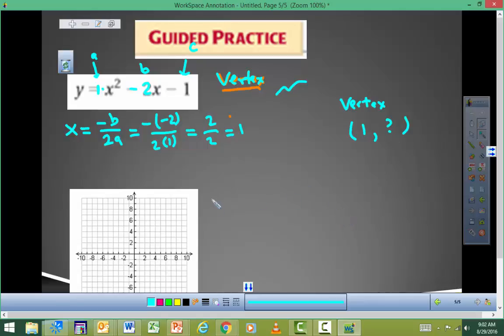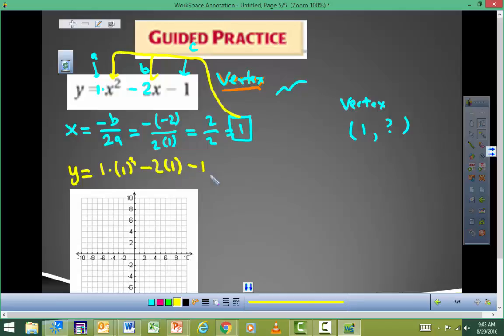How do I find the y-coordinate? Well, I take this one here and I put it right in here, and I find out the y-coordinate. You see? Does this sort of make sense? So now what I do is I say y is equal to 1 times 1 squared minus 2 times 1 minus 1.